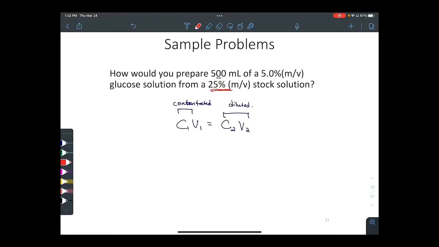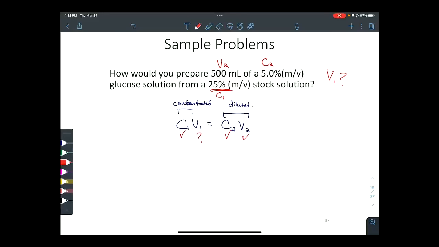Also, it's the concentrated solution. This is C1. And if we look at the other values given, 500 milliliters of a 5% concentration, this to me sounds like V2 and C2. This is my diluted solution. I'm trying to figure out how much volume of the stock solution do I need to start with. So the only thing that's missing here is V1. Do we see that? So we know C1, we know C2 and V2, we actually don't know what V1 is.